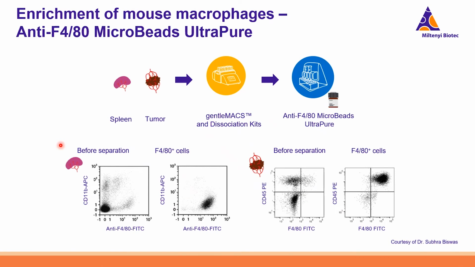Now, the anti-F4/80 MicroBeads UltraPure is a very good option for the isolation of mouse macrophages from spleen or tumor tissue. And here below is flow data showing the separation of F4/80 positive cells from the spleen and from a tumor tissue.